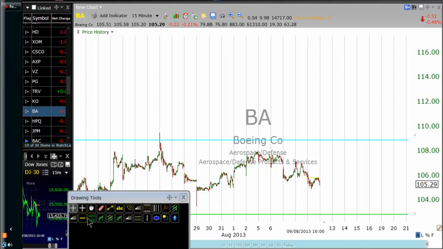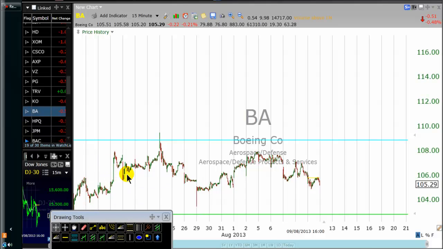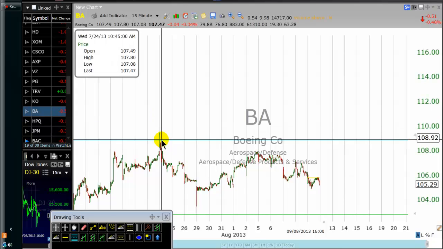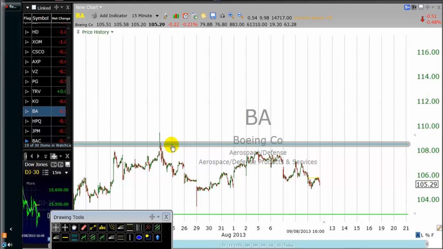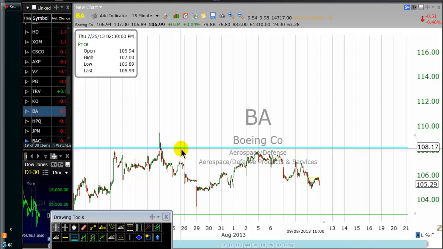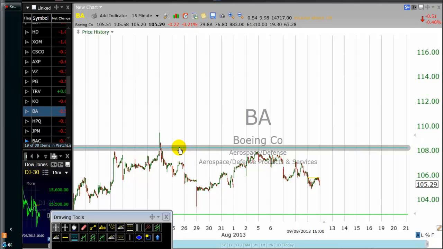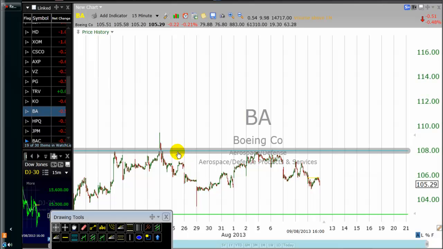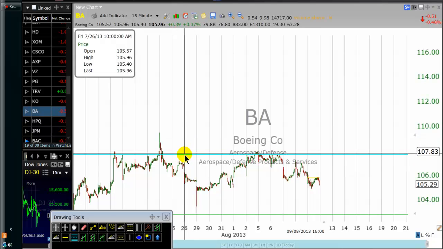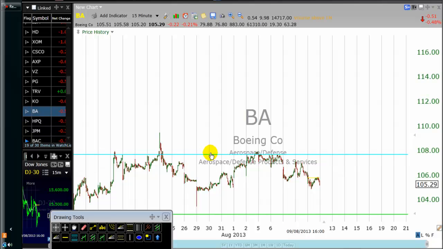So you can see how the price went above it a bit, okay? 107.83. Somewhere here, you can see how the price came.